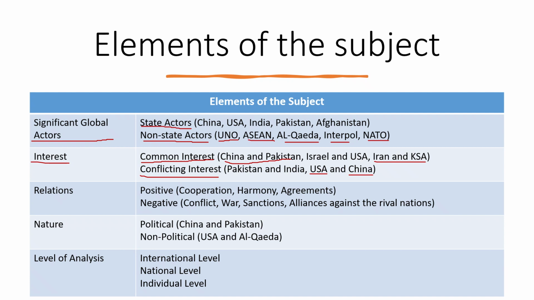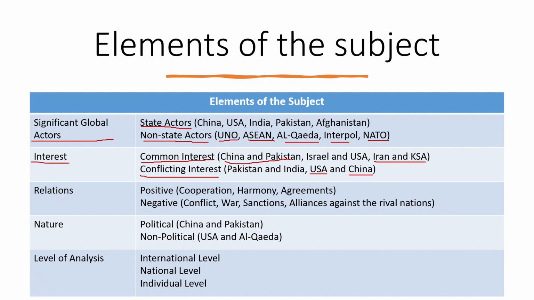And the scholar can analyze the situation at the individual level also. For example, the scholar is trying to understand the Biden administration, and is trying to analyze the personality and the track record of Biden individually.